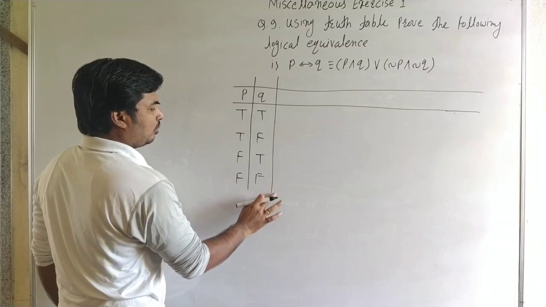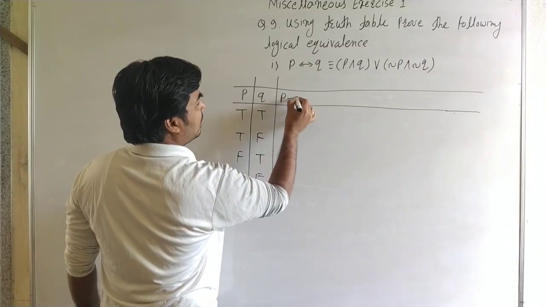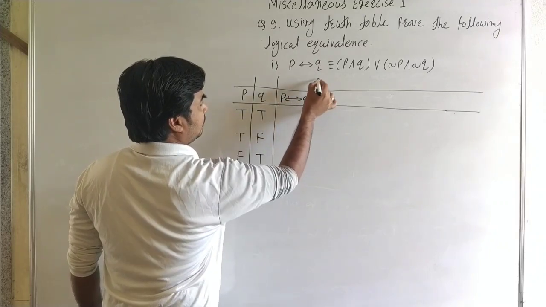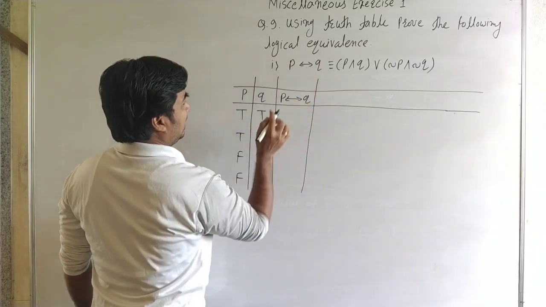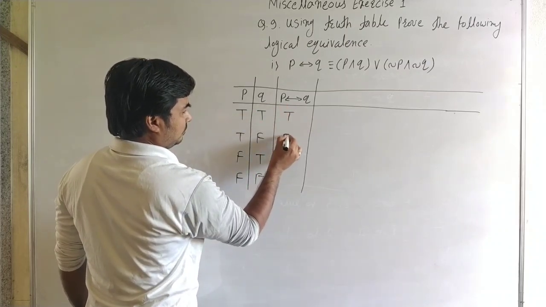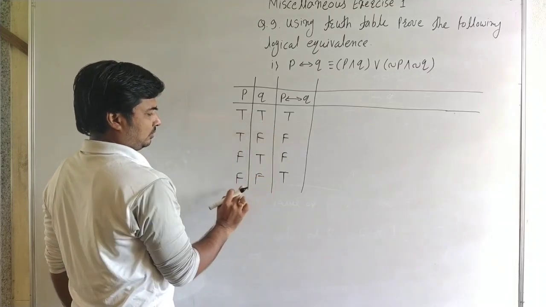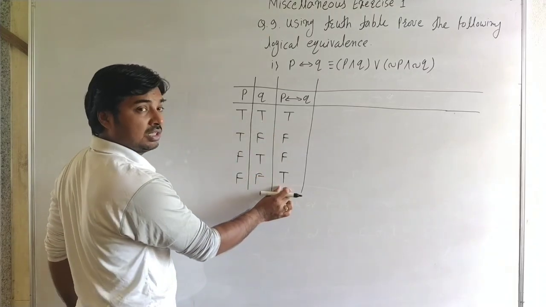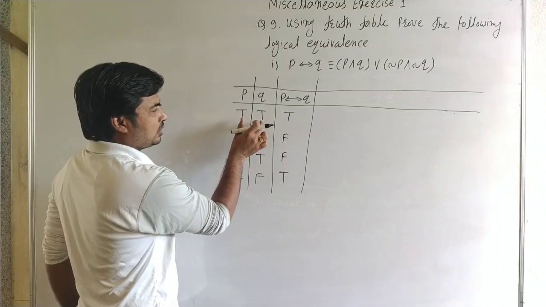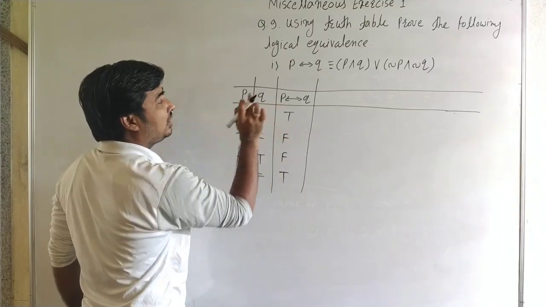There are the four possibilities. First find P double implies Q. Here it is the LHS. In the double implication, when both are true, the result is true. When both are false, the result is also true. That means when both are the same, the truth value is true in the double implication.